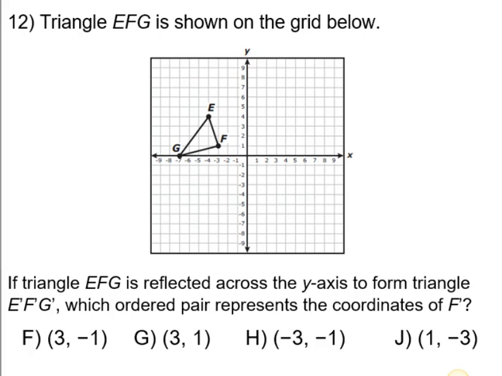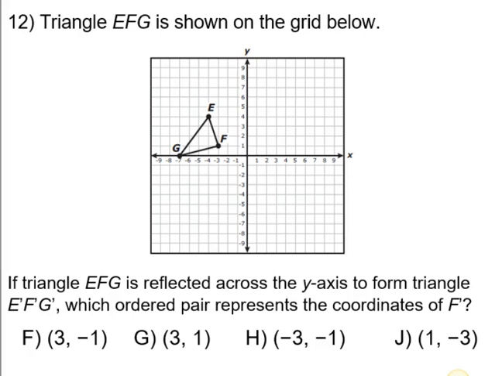Triangle EFG is shown on the grid below. If triangle EFG is reflected across the y-axis to form triangle E'F'G', which ordered pair represents the coordinates of F'?